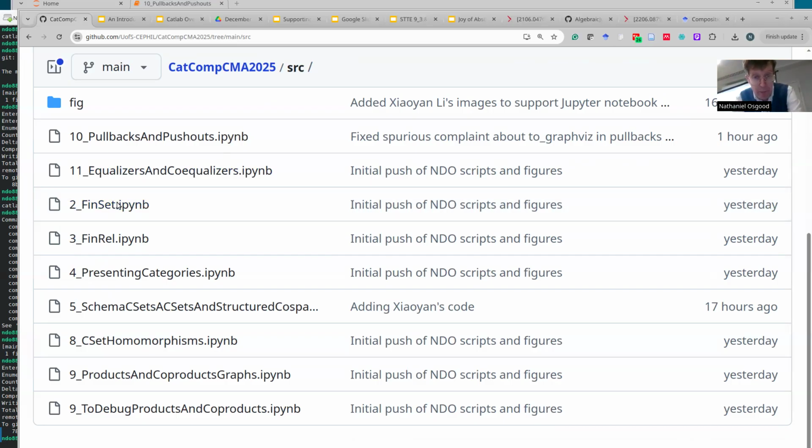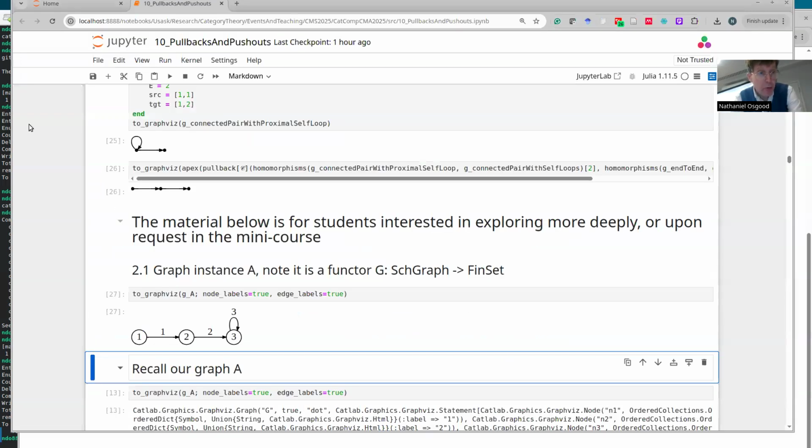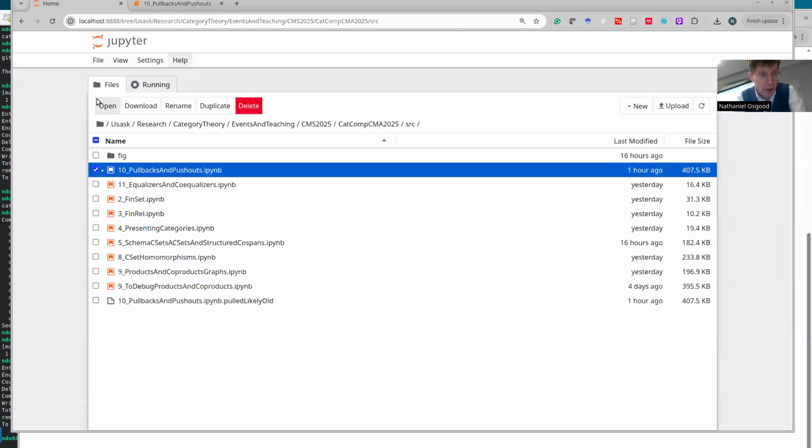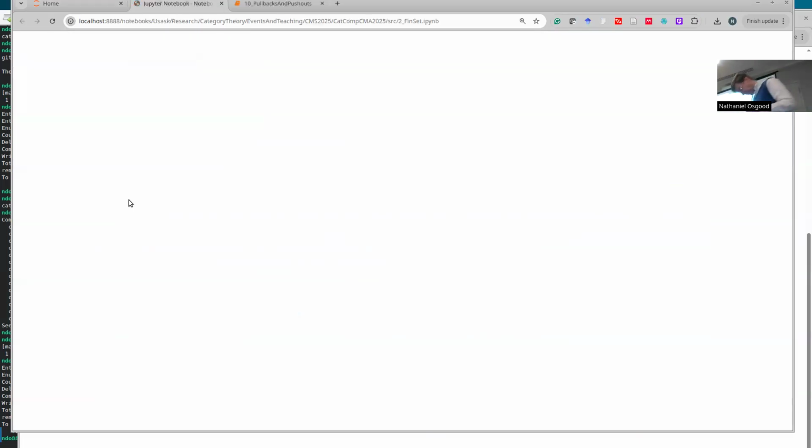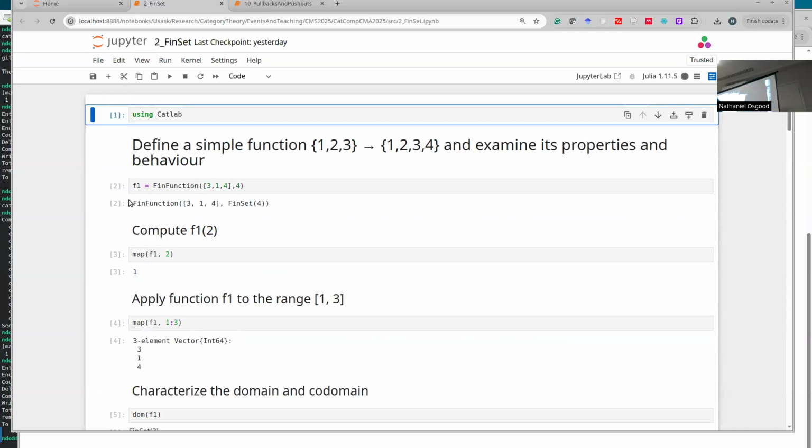Now, the reason we're starting off with 2_FinSet is because the category of finite sets and functions between them, which we call FinSet, is a setting of central importance within the Catlab area.